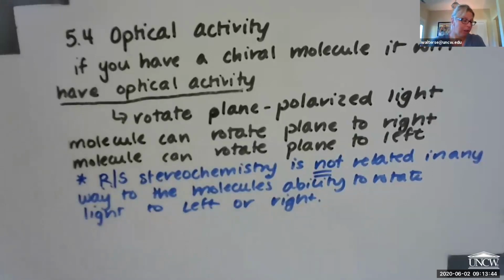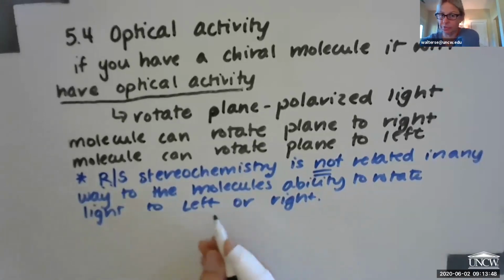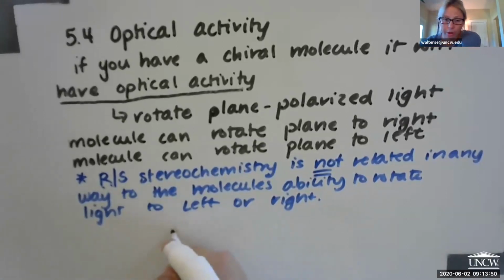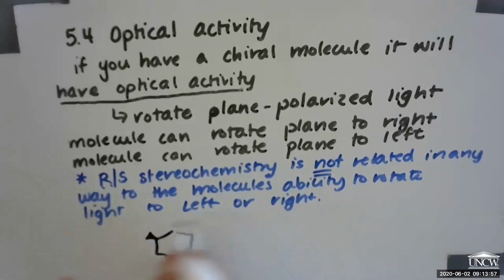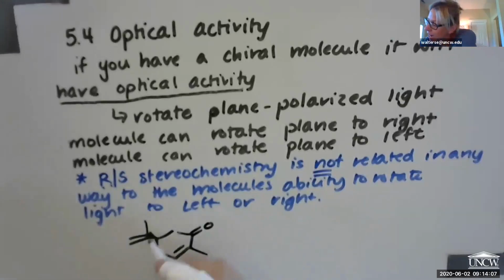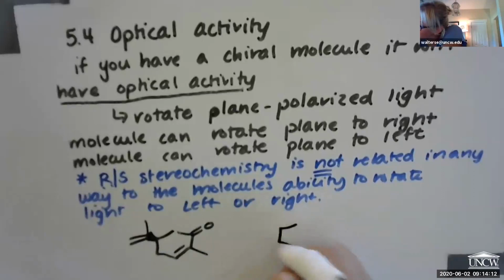So the two molecules that we're going to compare are going to be a set of enantiomers. So the first one, okay, this is a dash here, or sorry, a wedge. So these are molecules of a compound called carvone.